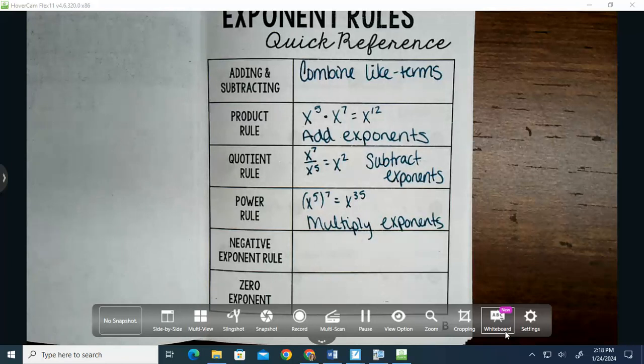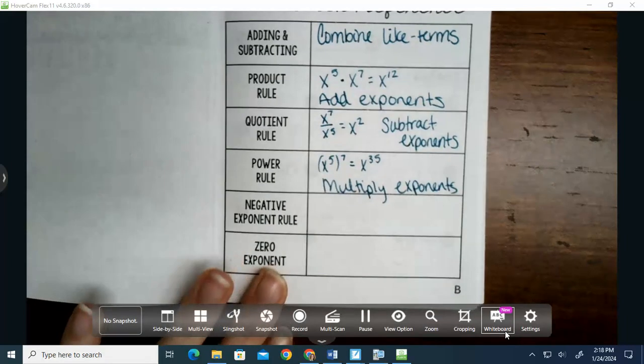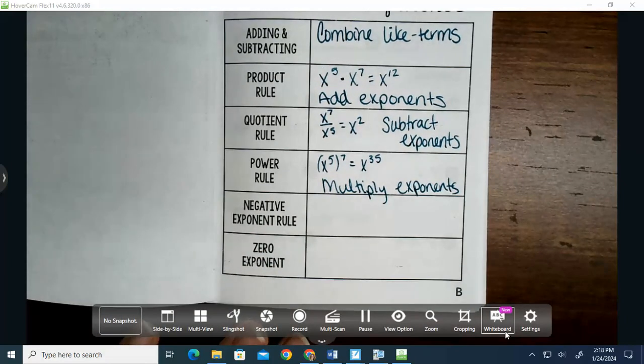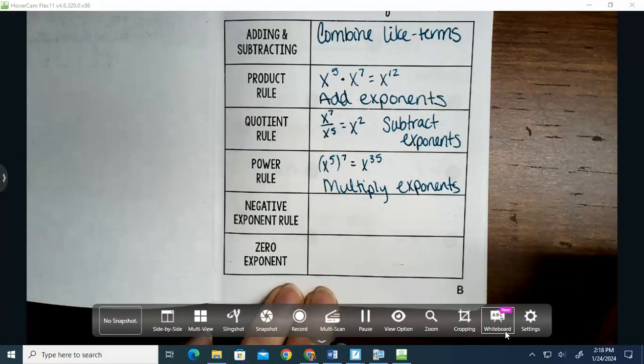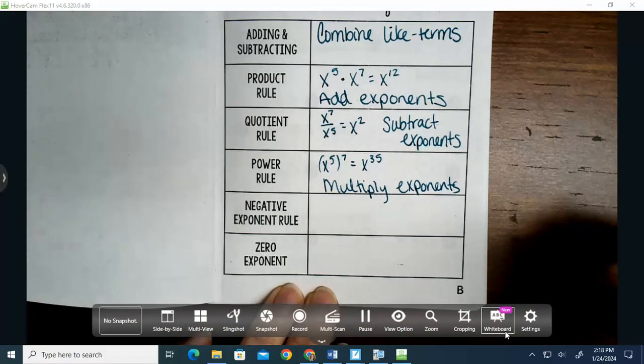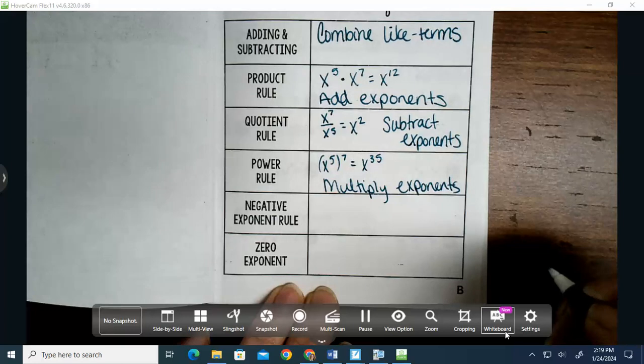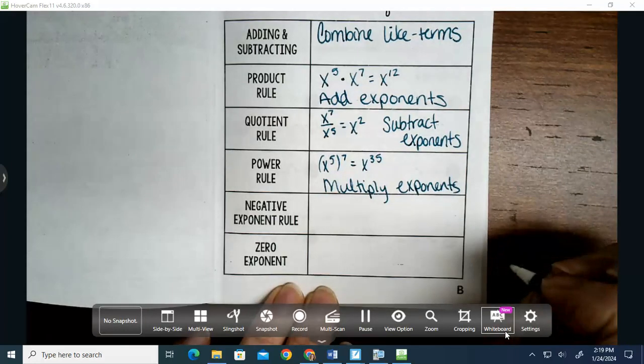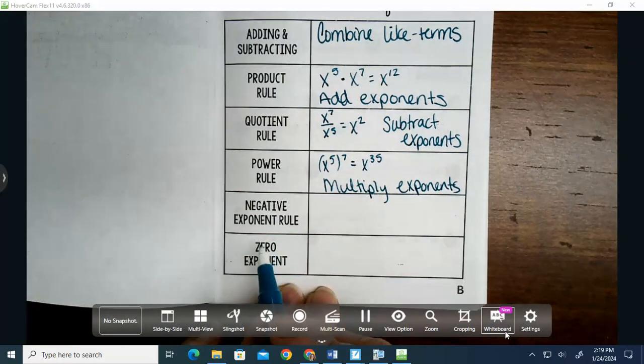We have not talked about negative exponents yet. So negatives we have yet to talk about.